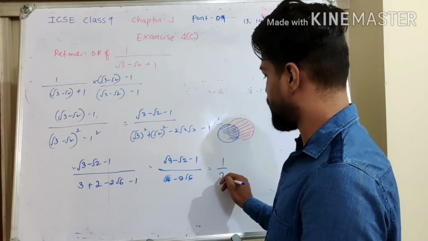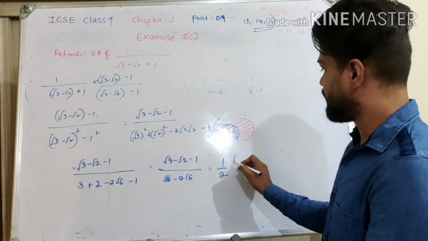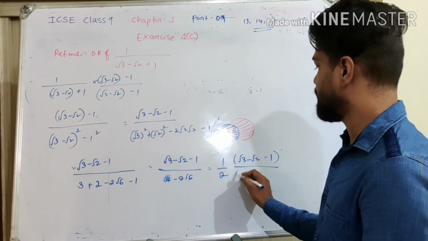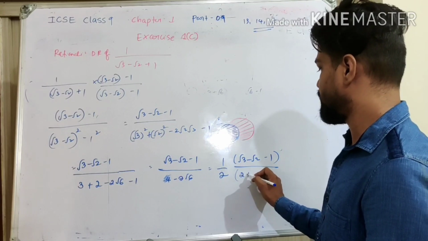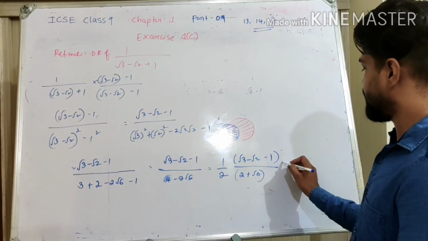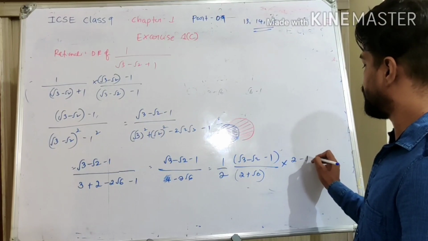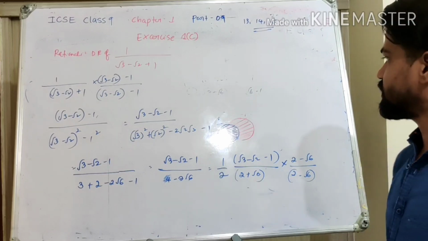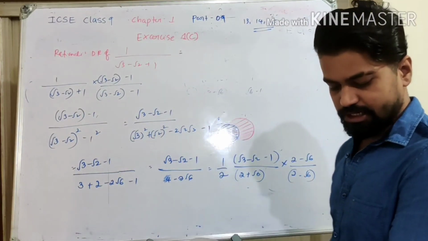We can take 2 common. When you take it common, we get root 3 minus root 2 minus 1 divided by 2 into 2 minus root 6. Okay, so again we multiply denominator and numerator by 2 plus root 6, this is rationalization. So I'll do the next step here.